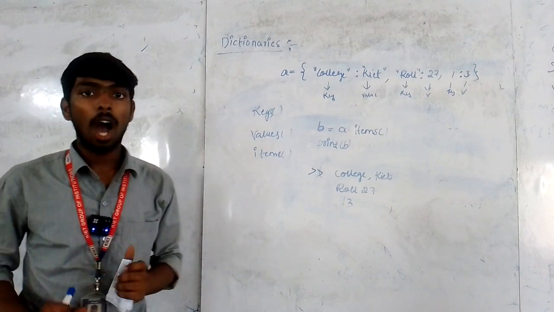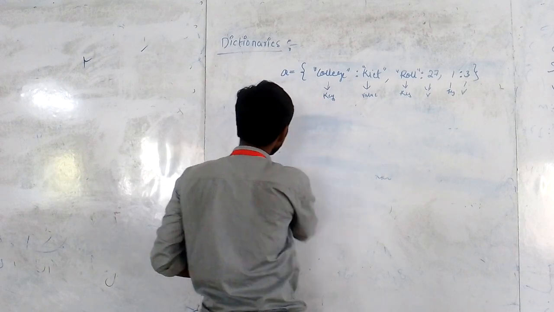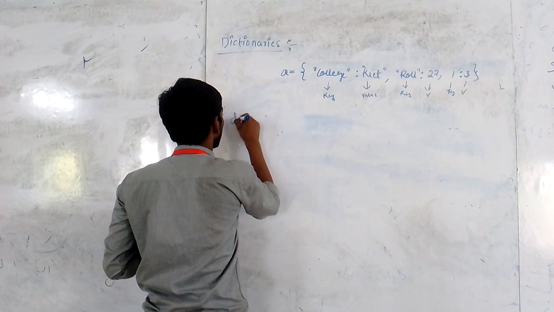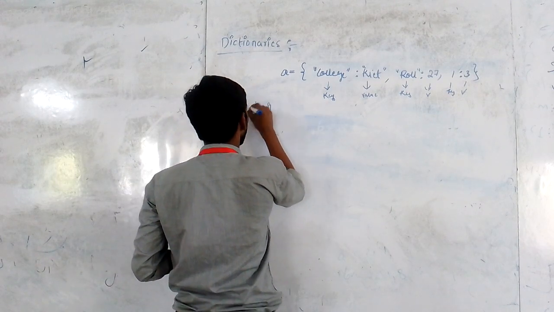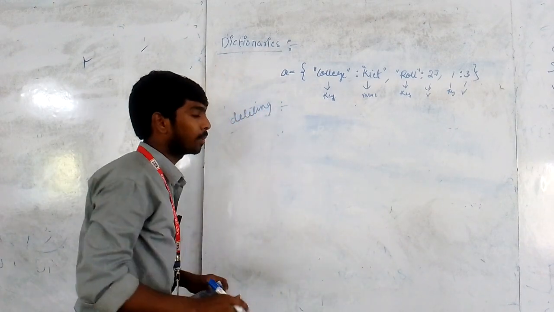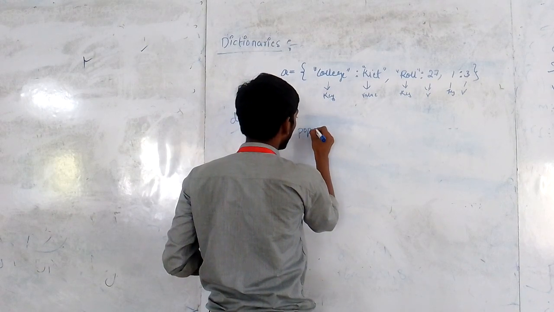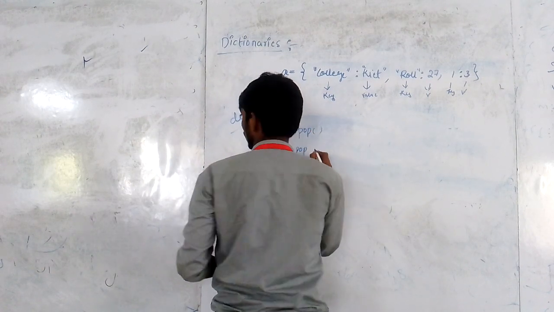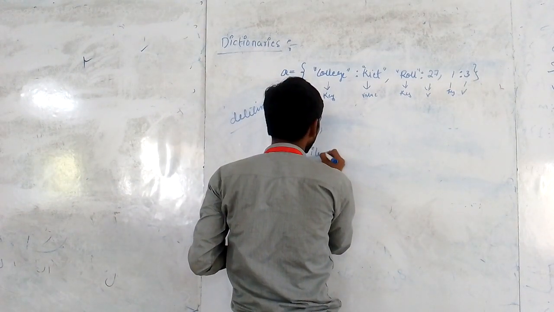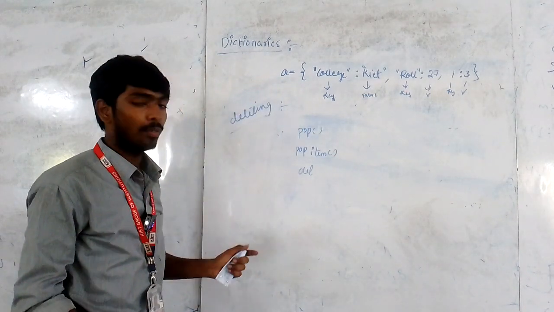So let's see how we delete elements in a dictionary. To delete an element from the dictionary, we have three ways: pop, popitem, and del. Let's see how it works.